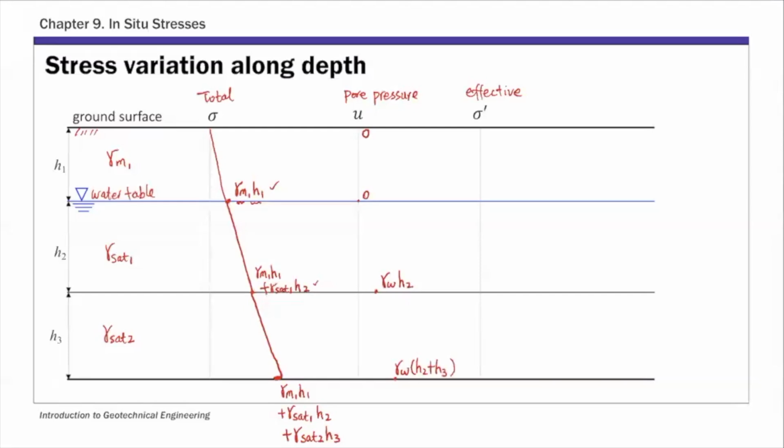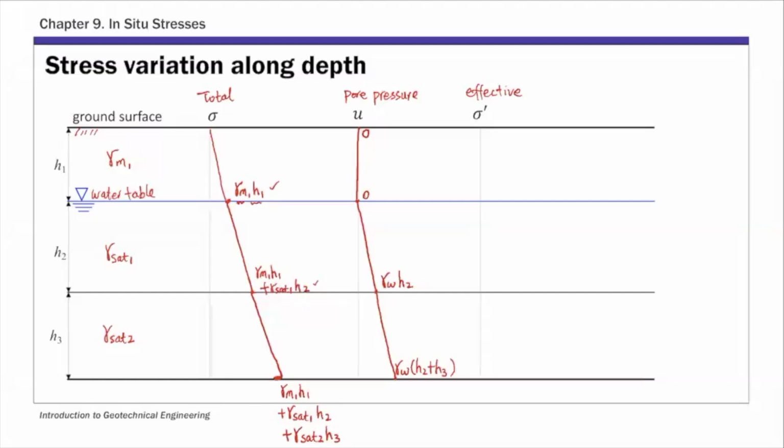So the pore pressure at the bottom of the soil profile is unit weight of water times the total height of the water column. So that's from this location to the water table, so H2 plus H3. And then you can connect these interface points to get the variation, that profile. We just use straight lines to connect these points. So that is the profile of pore pressure along depth.